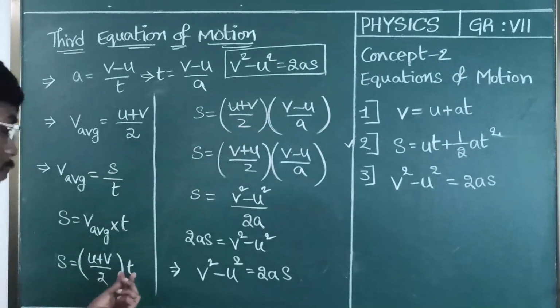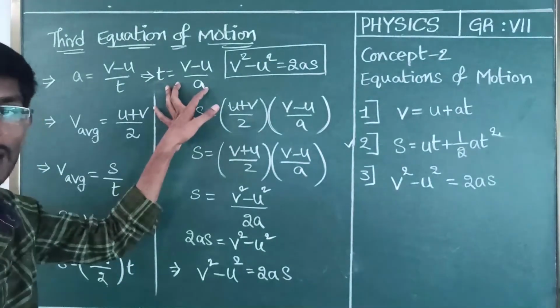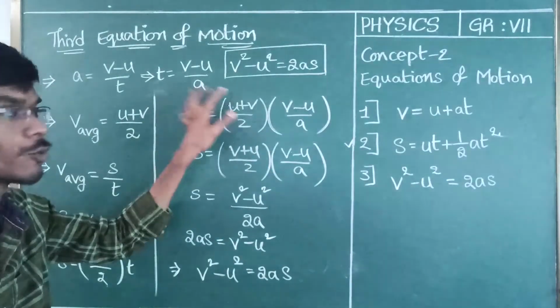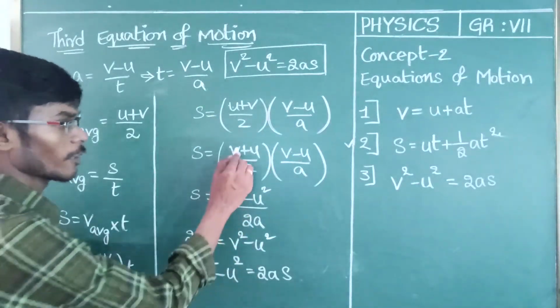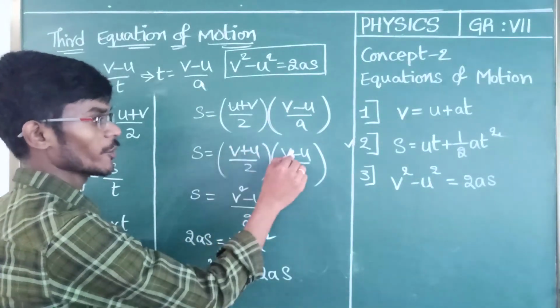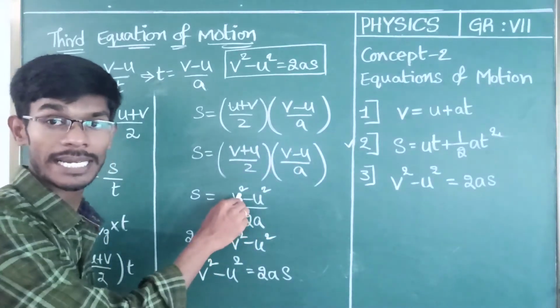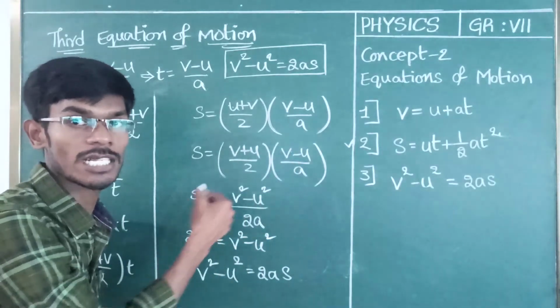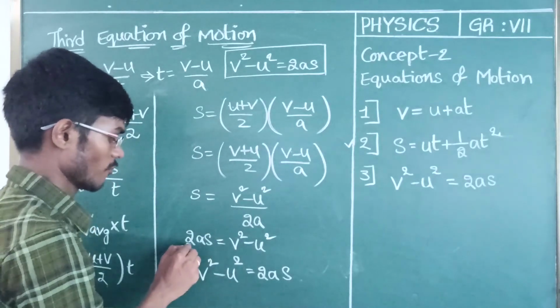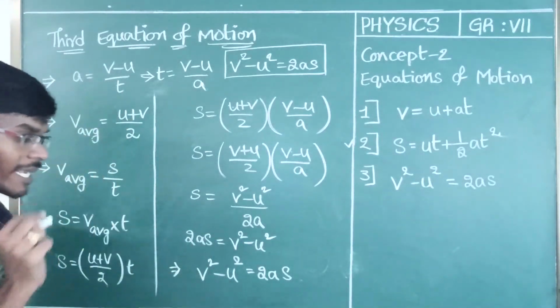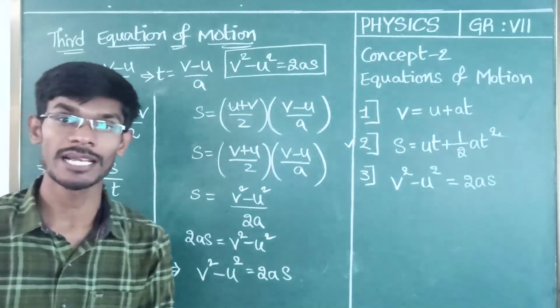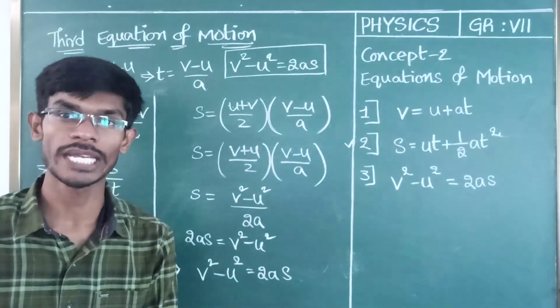Then again, in the place of T, we are substituting the T value, V minus U by A. The numerators are in the form of A plus B into A minus B. That can be written as V square minus U square, meaning A square minus B square. So from that we have simplified the third equation of motion: V square minus U square is equal to 2AS.